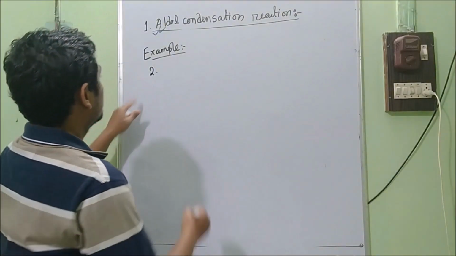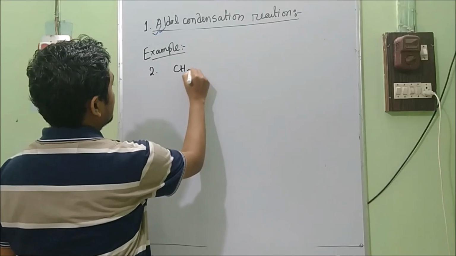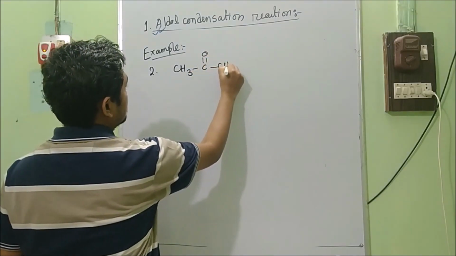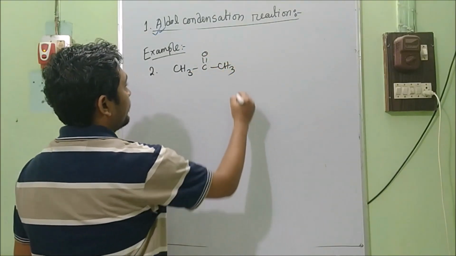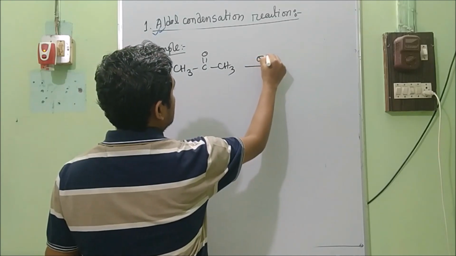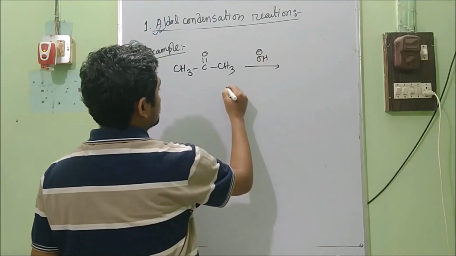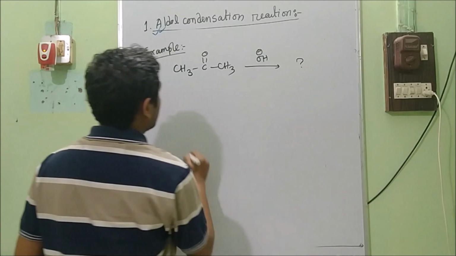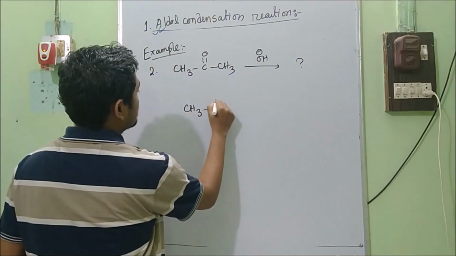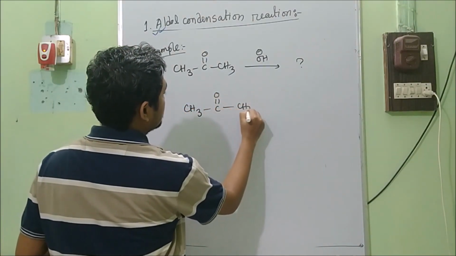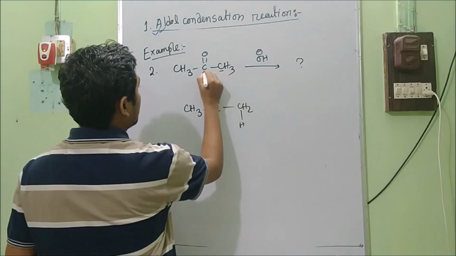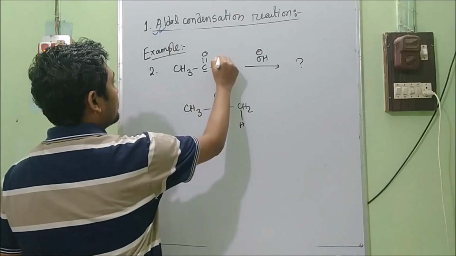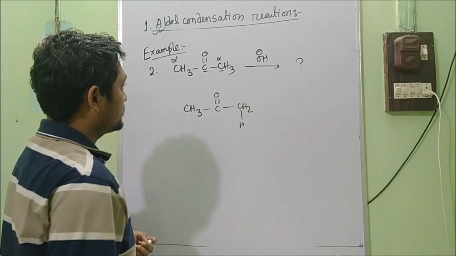Example 2. Acetone. If we take acetone, CH3COCH3, and aqueous base, what will we have? CH3CO CH2 hydrogen. Here, with respect to this carbonyl, this is alpha and this is also an alpha position.